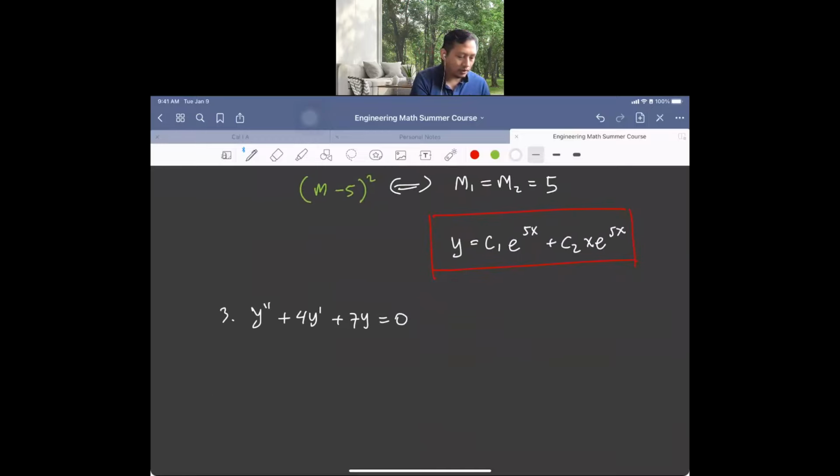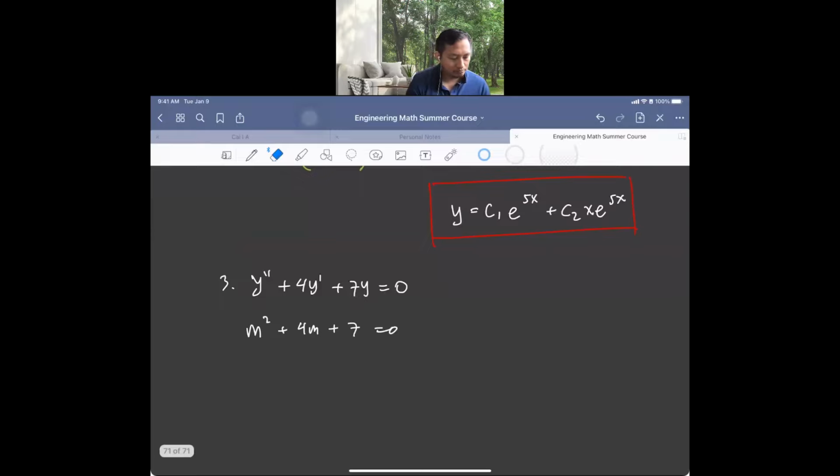Now what we have here is m squared plus 4m plus 7, and I think this will have a complex root, right? You can go directly either way.